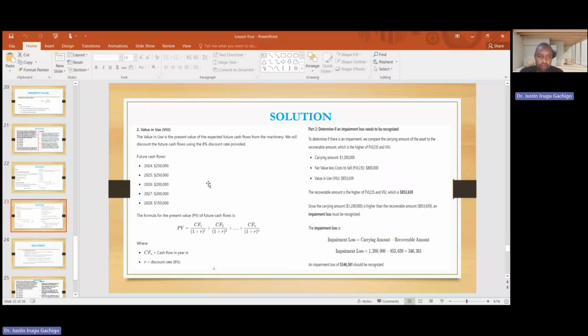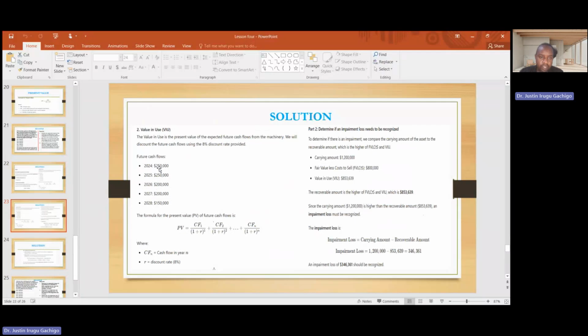For this particular one, you just come here and say PV is equal to, so for 2024 you put 250, you divide it by 1 plus R, where R is 8%, to the power of 1, plus 250 divided by 1 plus R to the power of 2. The other one is 200,000 over 1 plus R to the power of 3 years.